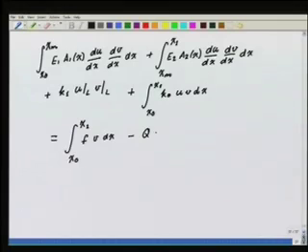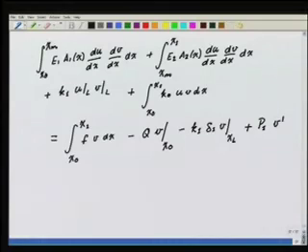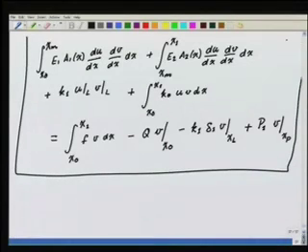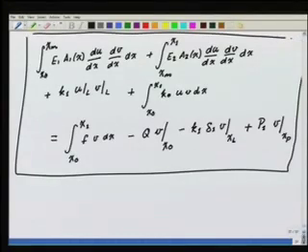The right hand side will be integral x0 to x1 fv dx minus q into v at x0 minus K1 delta 1 V at XL, plus P1 V at XP. So this is going to be our complete weak formulation or variational formulation, whichever way we decide to obtain it.